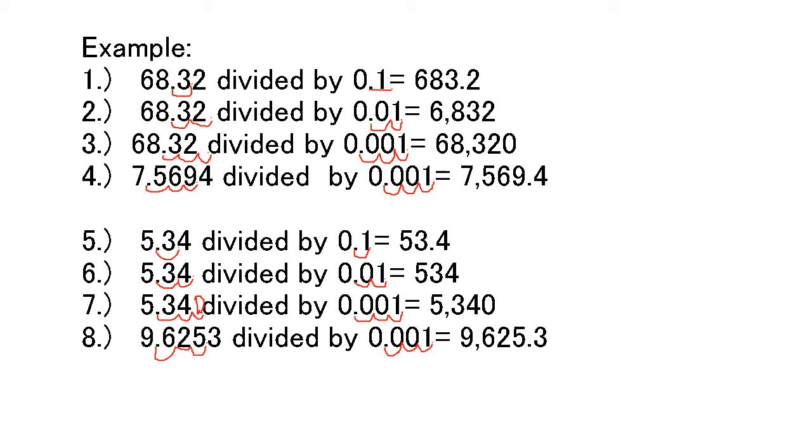Alright, next, number 3. 68 and 32 hundredths divided by 1,000. So we are going to move the decimal point in the divisor to make it a whole number. 1, 2, 3. So it becomes now a whole number 1. In the dividend, we are going to move also to the right 3 places.